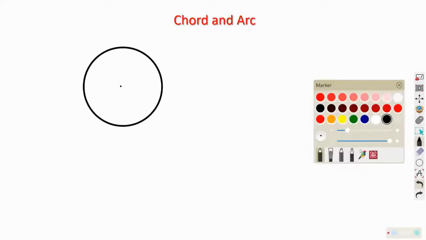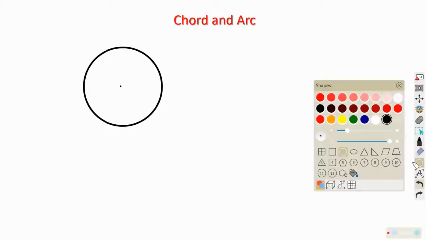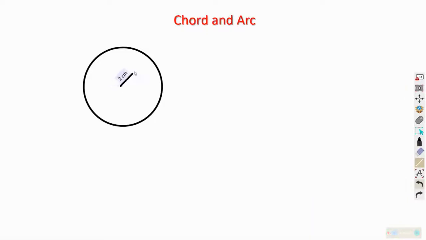Another thing you have studied about circle is about its radius, about its diameter, and about chord. As far as radius is concerned, it is the distance from the center to the circle. In this case, you can read it as 4.7 centimeter. Even if you draw another radius, that also will be 4.7 centimeter.